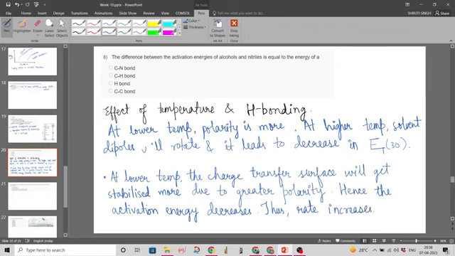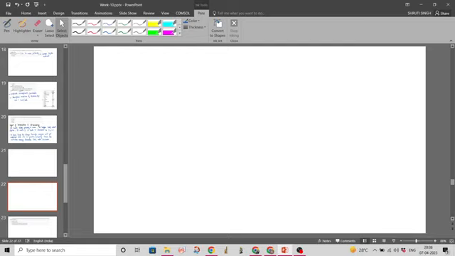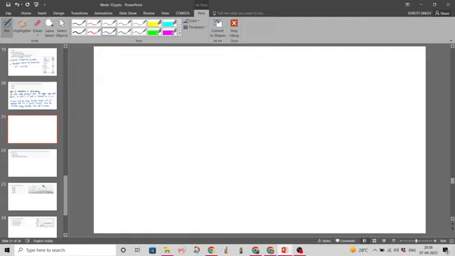Now it is asking between alcohols and nitriles, which is more polar? Alcohol is more polar.